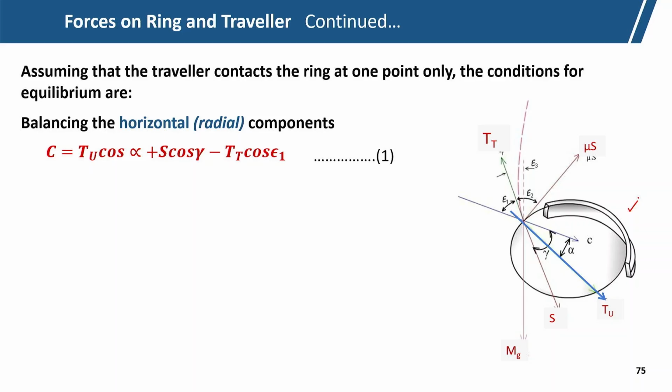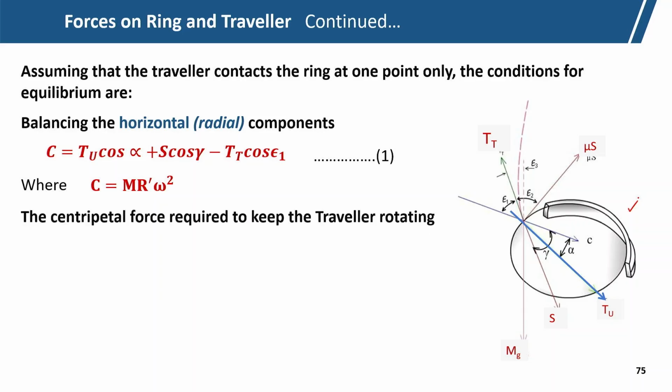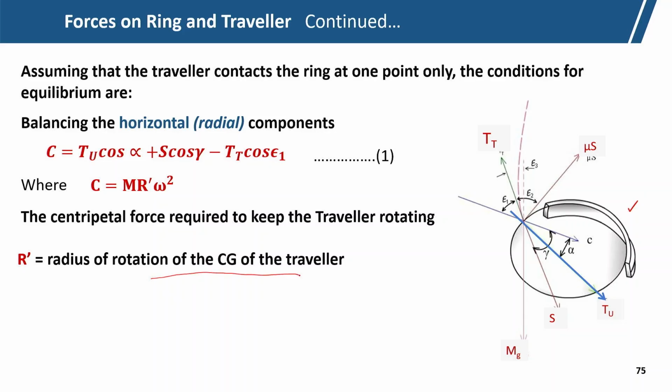Now, try to see here, where C is m r dash omega square, the centrifugal force required to keep the traveler rotating, and r dash is the radius of the rotation of the CG of the traveler.